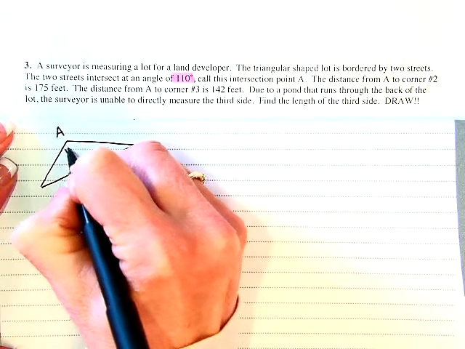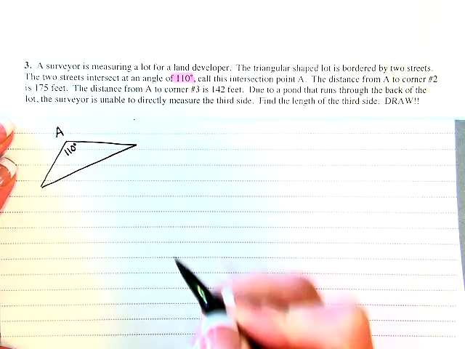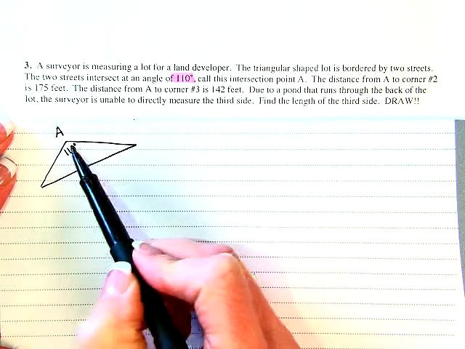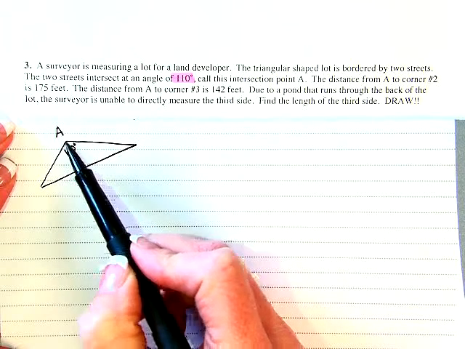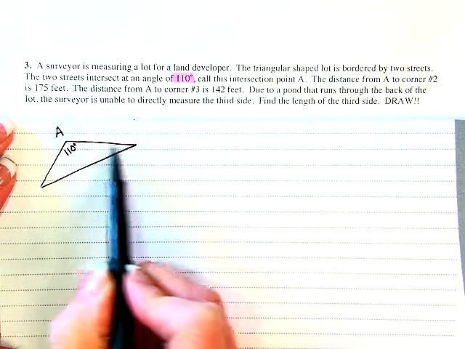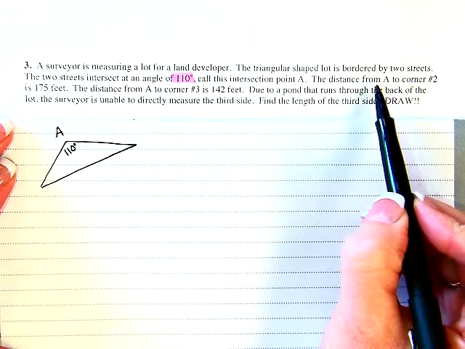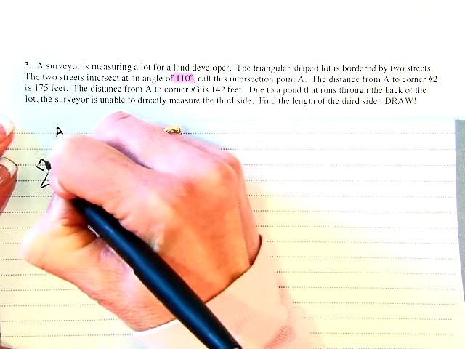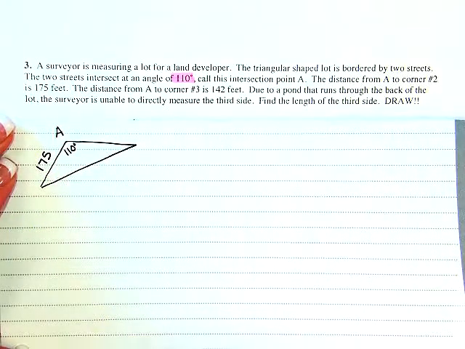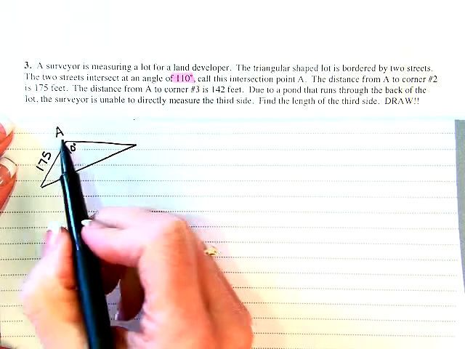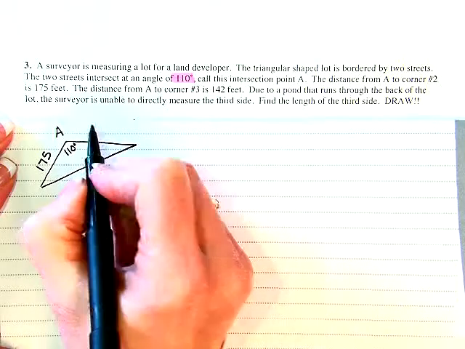Put in the 110. Then it says that the 2 streets border this and intersect at a 110 degree angle. So that's the street. Here's one of the streets, sorry, and this is the other street. It says that the distance from A to corner 2 is 175. It doesn't really matter which side. I just want to put in a 175 there. And then the distance from A to corner 3 would be 142.